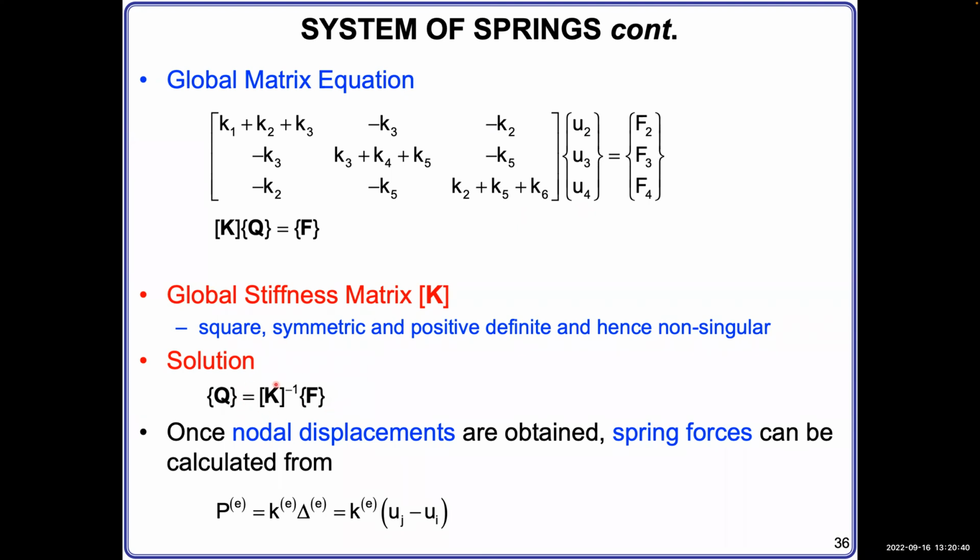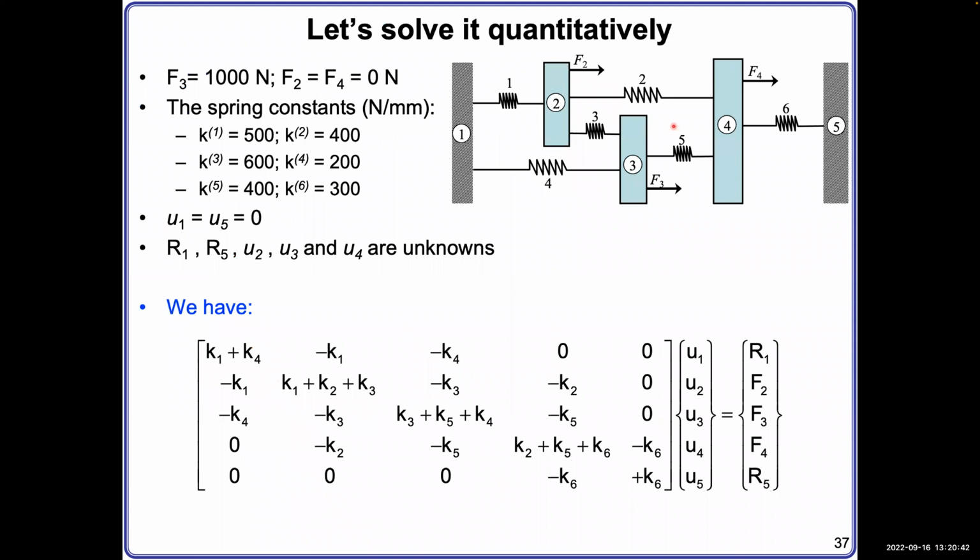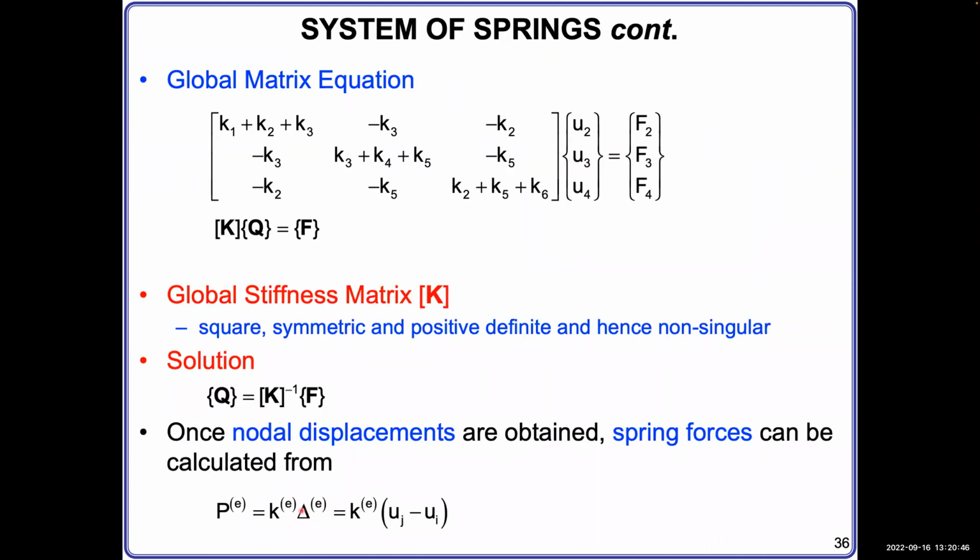Then we know the displacement of any node. From there, we can go back to use Hooke's law. We know the deformation of the spring by knowing the displacement of both nodes, and then multiplying by the spring constant gives us the spring force inside the spring. So this is very straightforward. Now you can know the spring force based on this information.